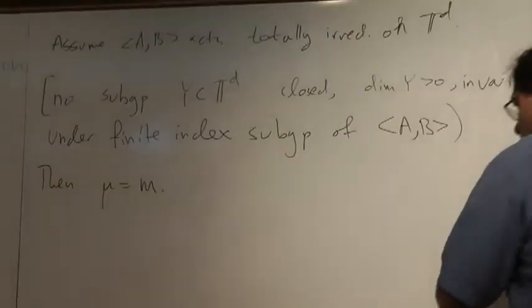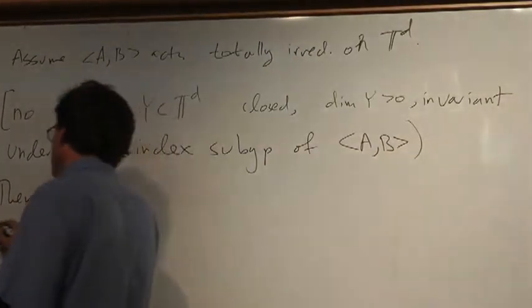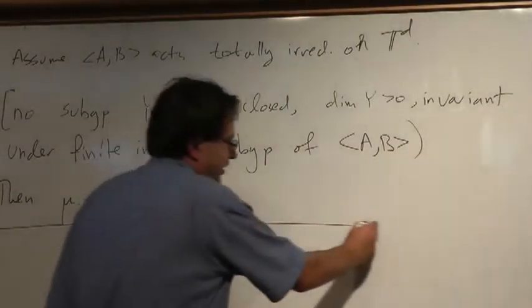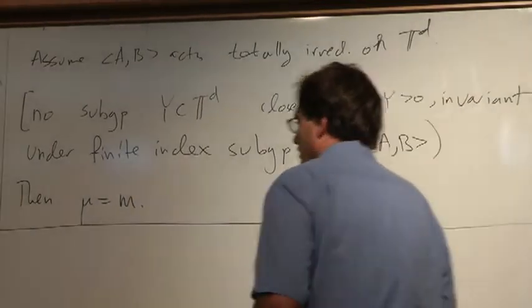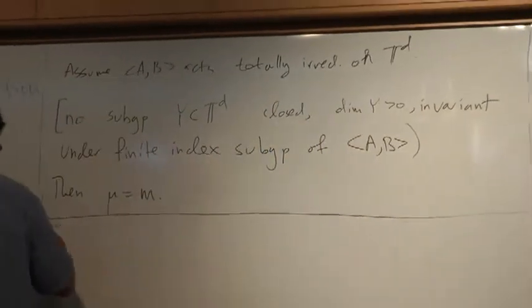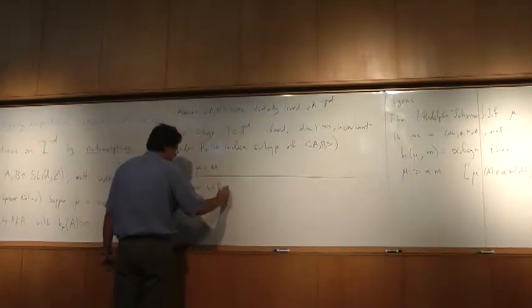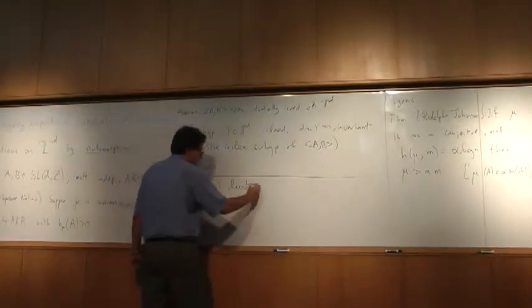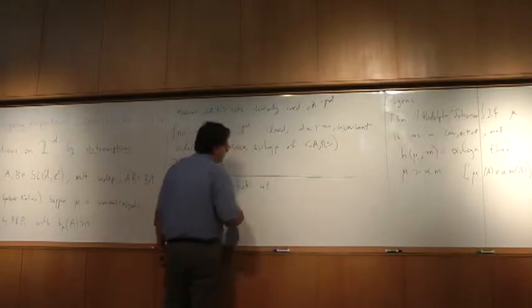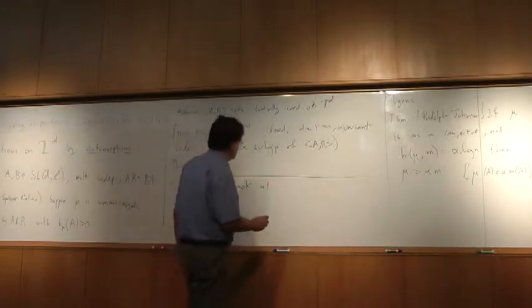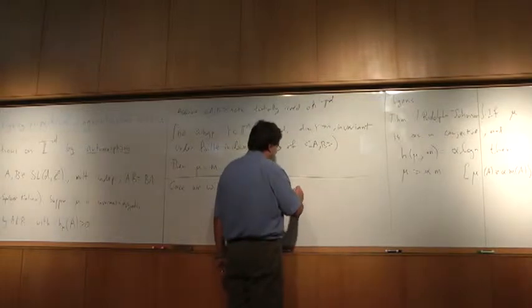Now I'm not going to prove the general case. I want to prove one instance of it. So the case we will look at, my torus would be 4-dimensional. D would be 4.